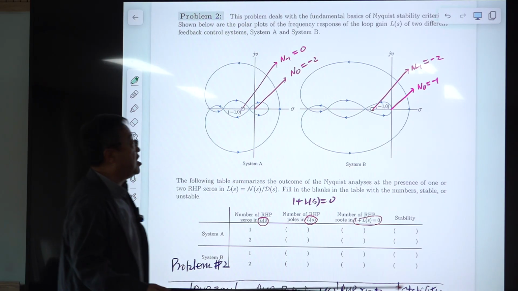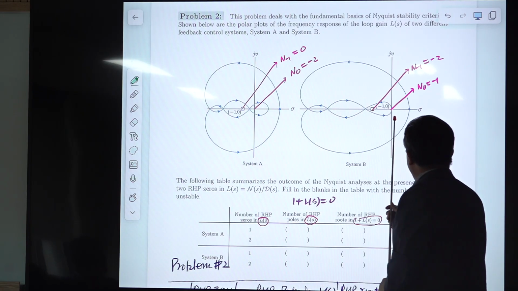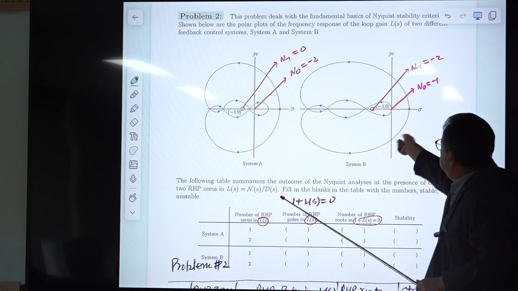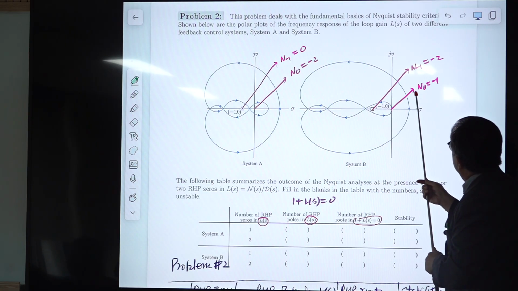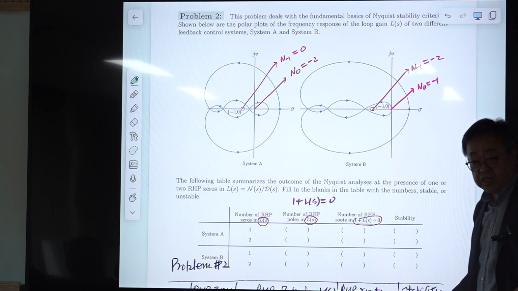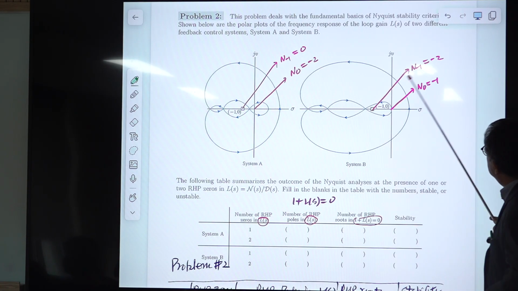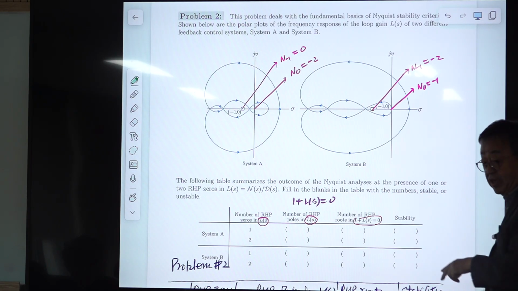For this case, N0 is the encirclement of this origin by this contour, which is only 1 in the counterclockwise direction, and this is also, not only, this is 2, right? 1 here, okay?